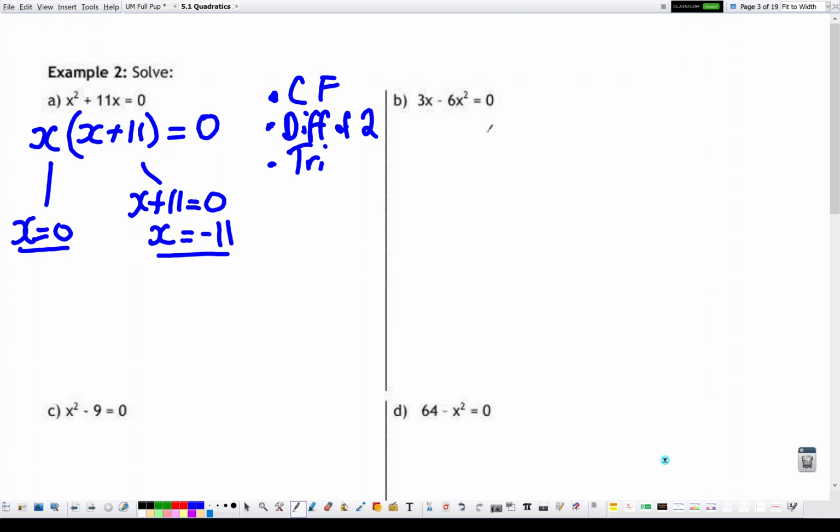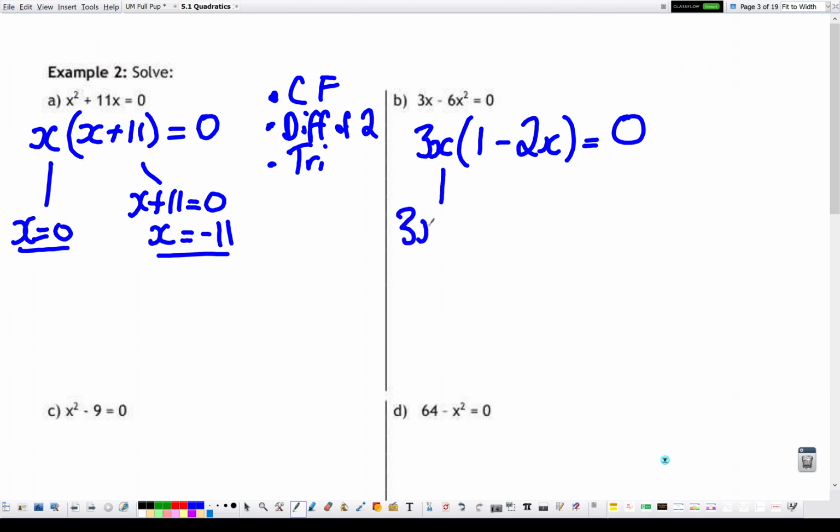3x minus 6x squared equals 0. Common factor there is going to be 3x. So take 3x out. Open a bracket. 3x times what is 3x? 1. 3x times what is minus 6x squared? That's going to be minus 2x equals 0. And now just bring each one down to solve.